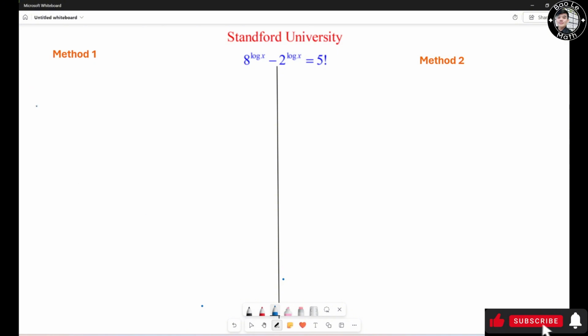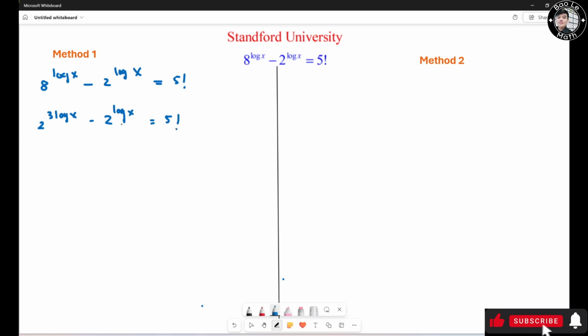Alright, let's get started. I just rewrite 8 to the log s minus 2 to the log s equals 5 factorial. Now, 8 to the log s I write as 2 to the 3 times log s, minus 2 to the log s equals 5 factorial, right?